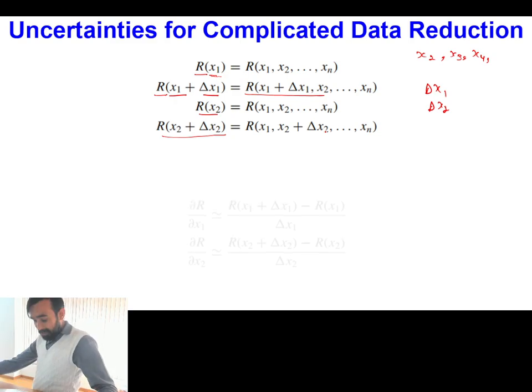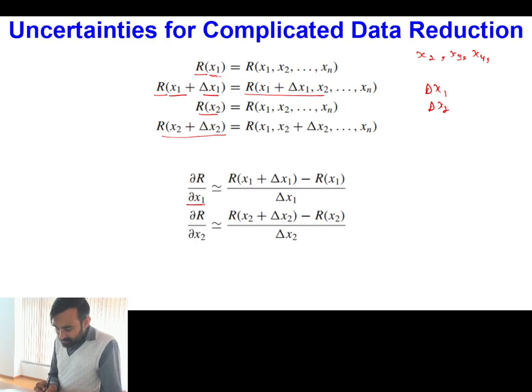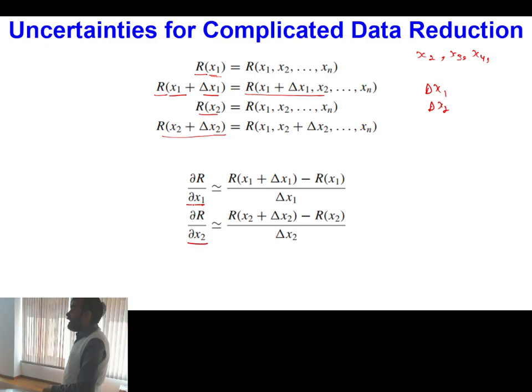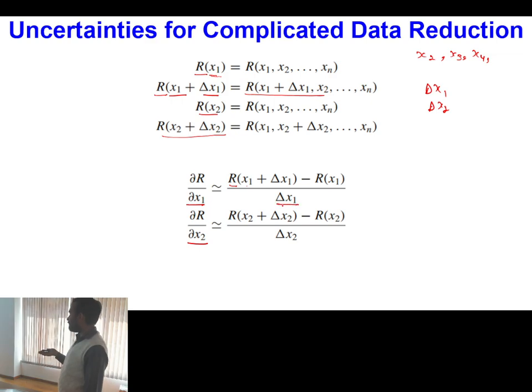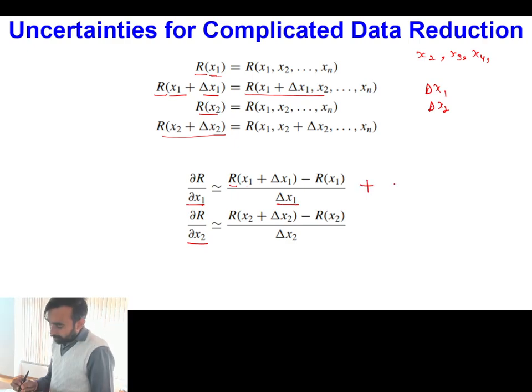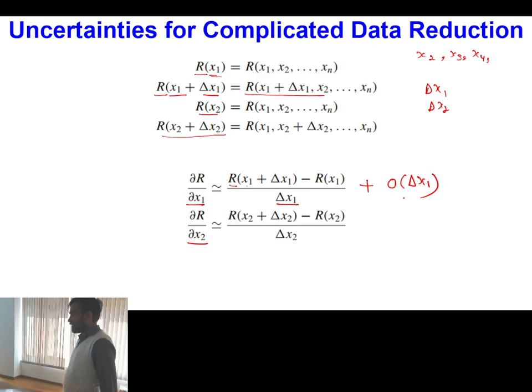Now, if I have to calculate del r by del x1, using the finite difference method it can simply be written as the resultant at x1 plus delta x1 minus the resultant at x1, divided by delta x1. Using the Taylor series approximation, you can simply get this equation, and the order of accuracy of this equation will be of delta x1.